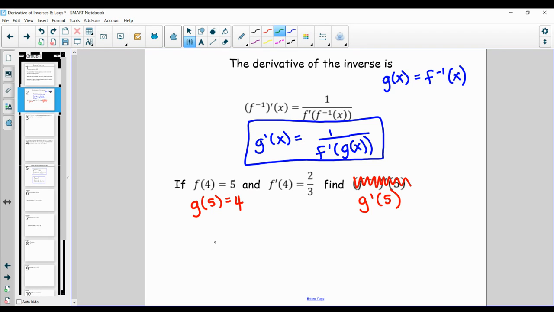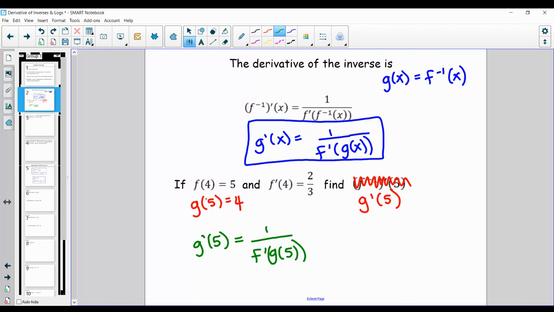If I want to find g prime of 5, I'm going to say g prime of 5 is equal to 1 over f prime of g of 5. So I'm doing 1 over the derivative of the original function at the inverse function at 5.